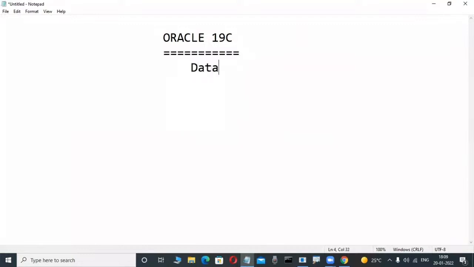Database. Don't write anything, just observe here. But what is the purpose of these database products? Everyone knows, whenever we install these database products in our system or on the company side, the main purpose is for storing data permanently in secondary storage devices.